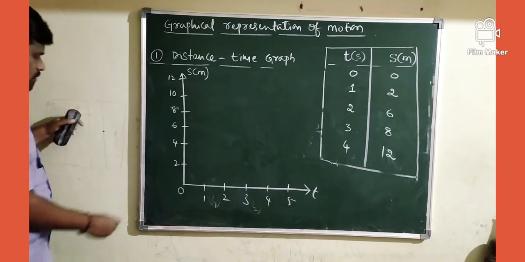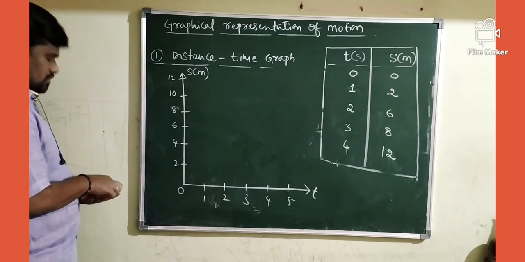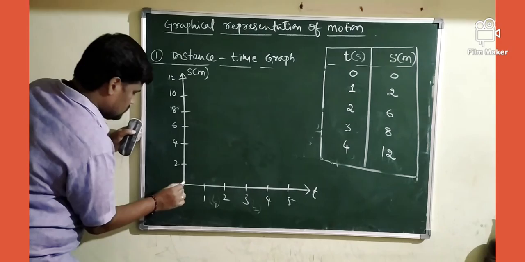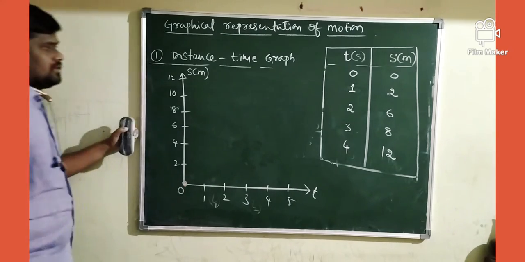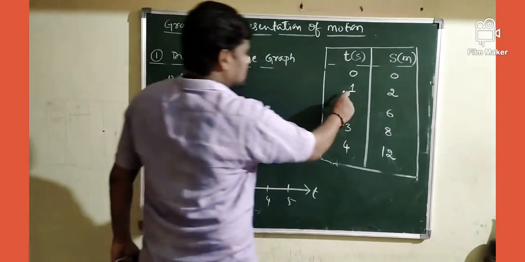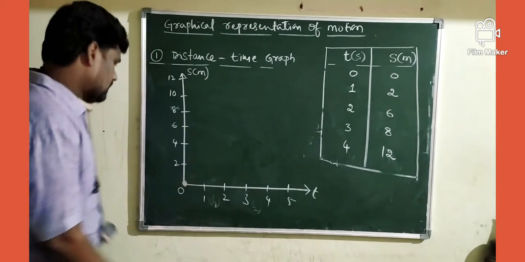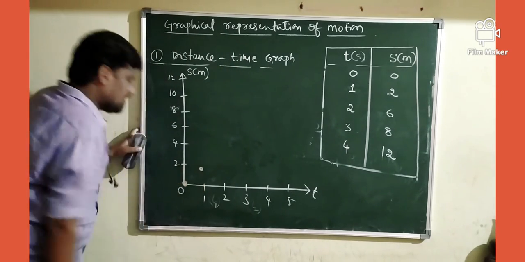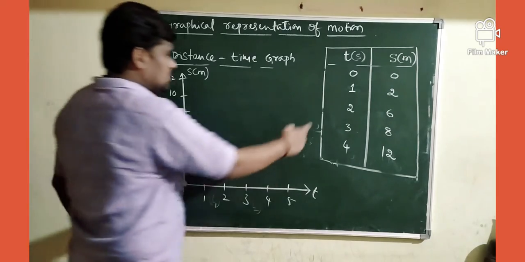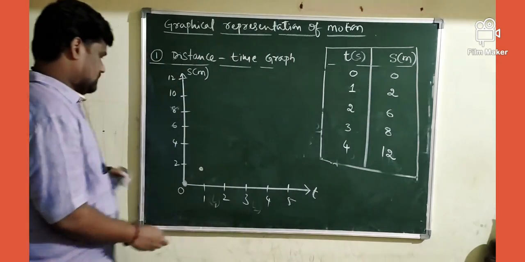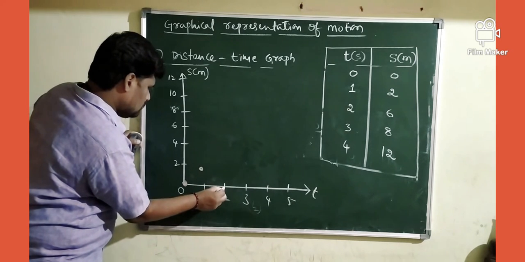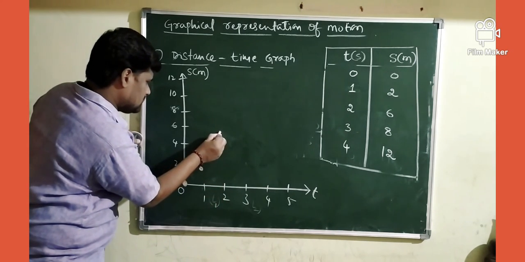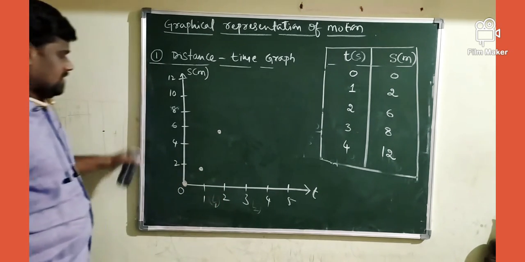Plot the graph. When time is 0, distance traveled is also 0, so the point comes here. When the time is 1 second, distance traveled is 2 meter, and the point comes here. When the time is 2, the distance traveled is 6, somewhere here.